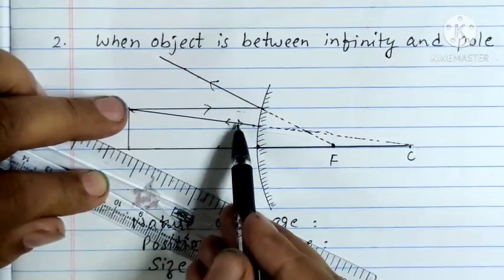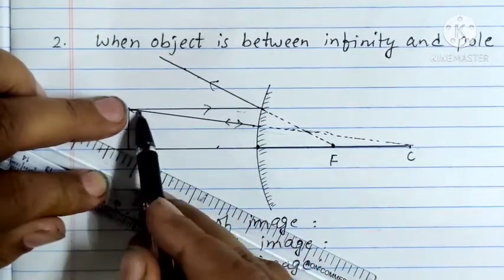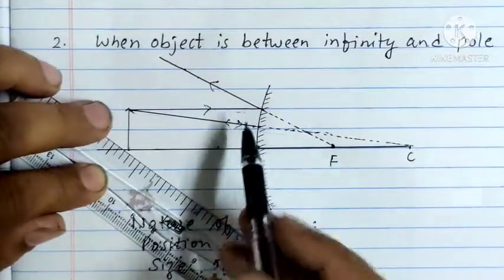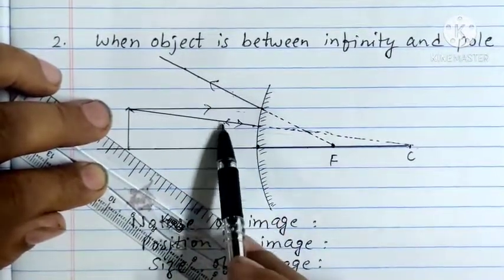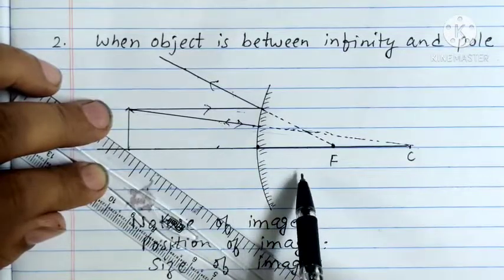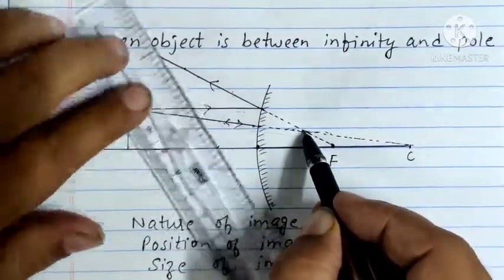After reflection, it will move along the same path. Now these two reflected rays will not meet each other, but they will appear to meet at this point.